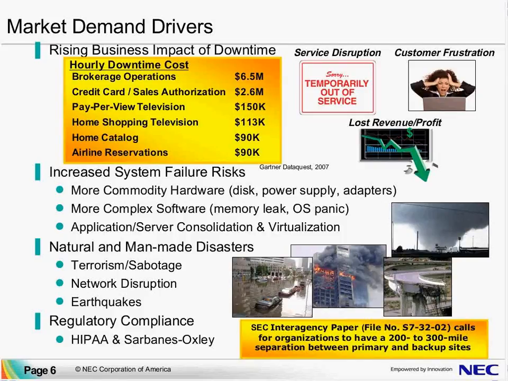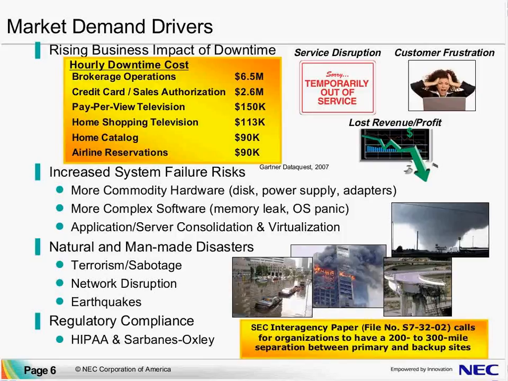And more recently, the consolidation based on virtualization technologies is also increasing risks of failures, because instead of having one server per application workload, now you have multiple applications on a single server, and when a server problem occurs, it impacts multiple workloads that can have greater impact on the customer business.